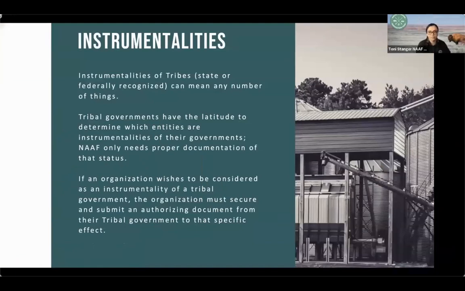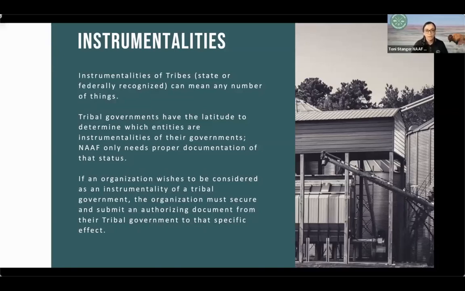We'll do a special slide here on instrumentalities. Every tribe is unique, and both state and federally recognized tribes are eligible entities, and each one of those has their own instrumentalities that vary greatly, from Section 17 corporations to tribal farms or departments within tribes.